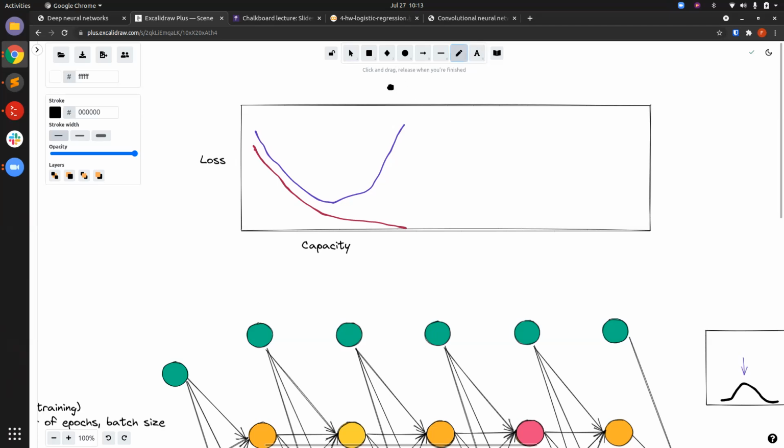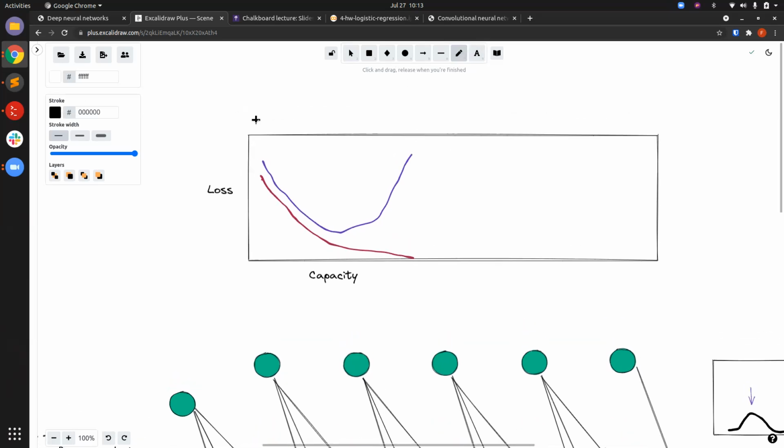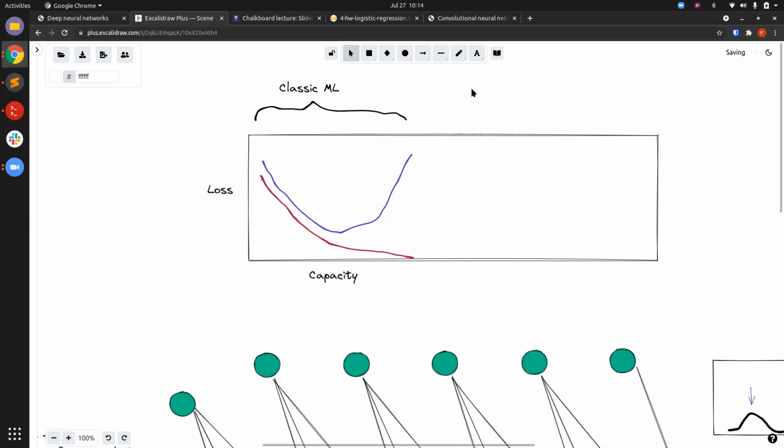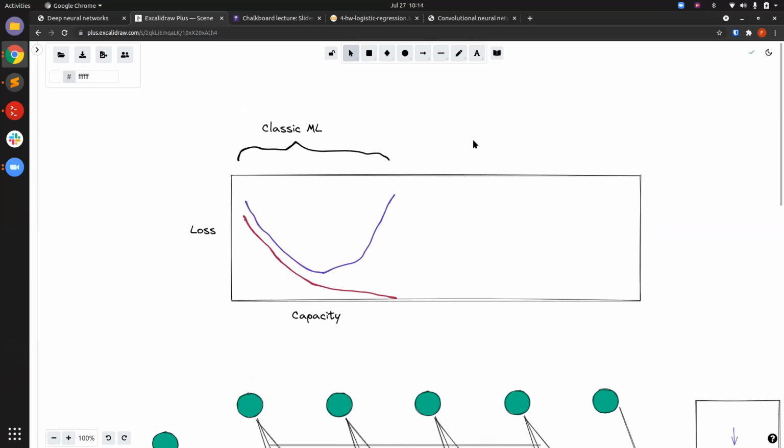Now, all of this is classical ML. But it's been known for a while, though it didn't really become relevant until recently when we were able to train deep neural networks more effectively, that if you continue beyond this region, something interesting happens.